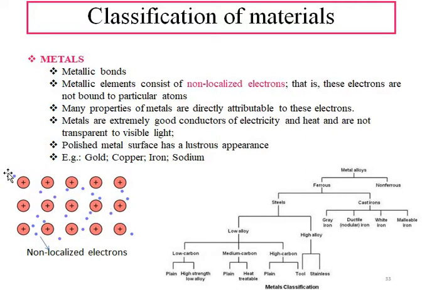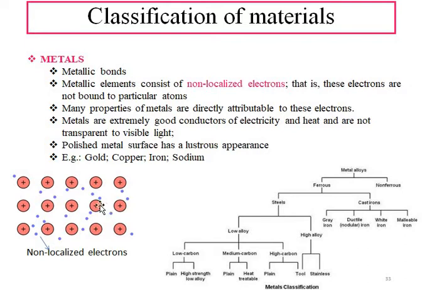This peculiarity provided metals with very different or enhanced properties, directly attributed to these electrons. This gave metals some extraordinary properties which ceramics and polymers do not have.